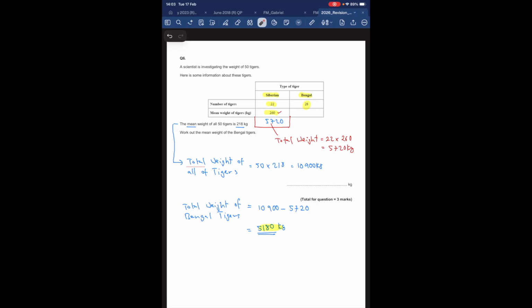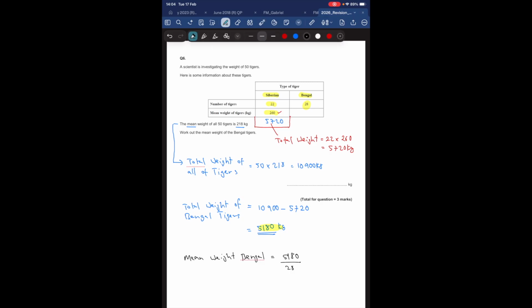Now, if we wanted to work out the mean weight of the Bengal tigers, effectively it's the weight of one of the tigers. The mean weight of the Bengal tigers is simply going to be the total weight of all of the Bengal tigers, which is the 5,180 kilograms we just calculated, divided by the number of Bengal tigers, which is 28.